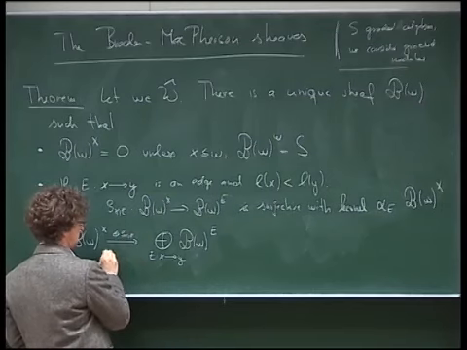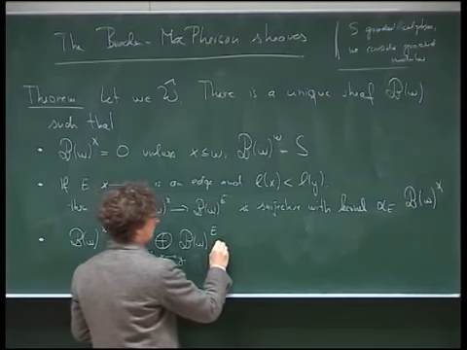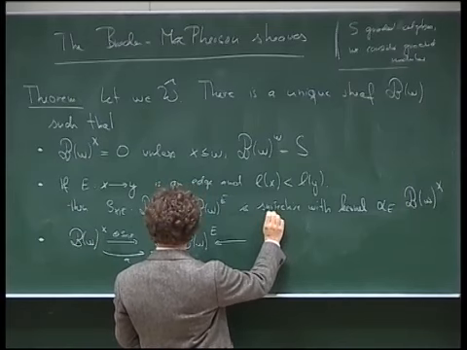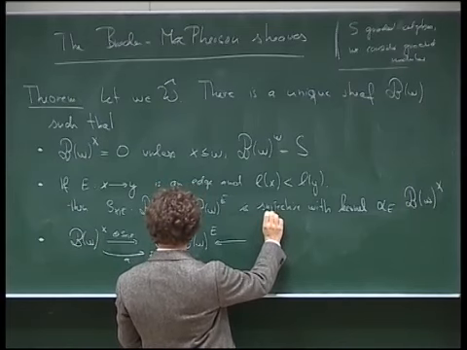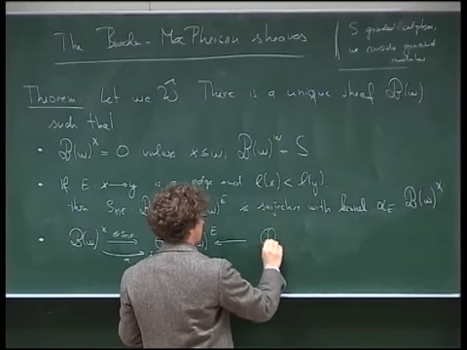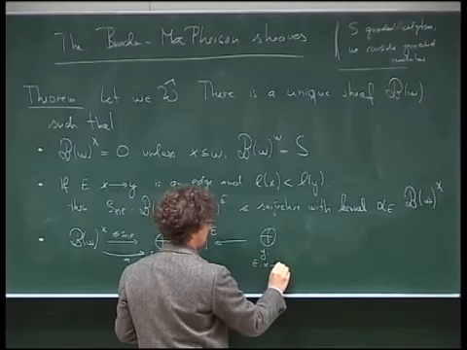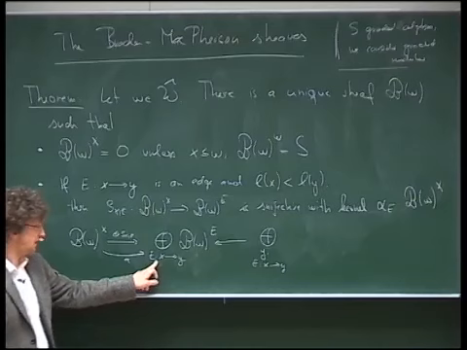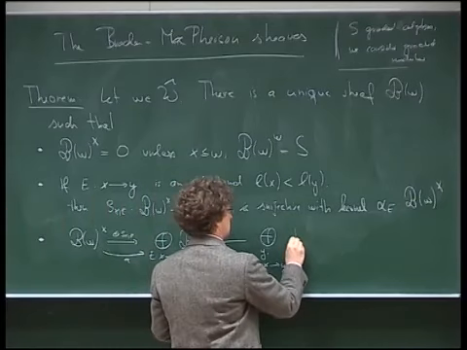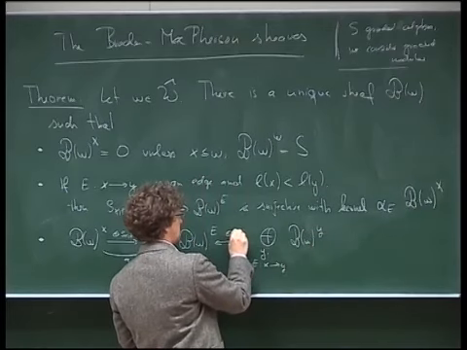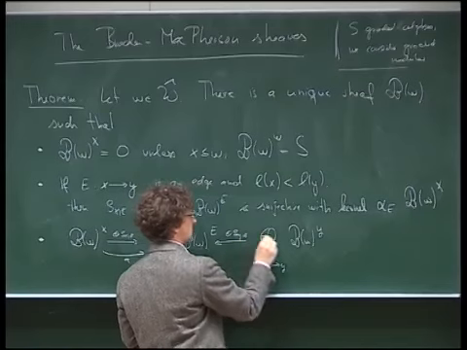Let's call this map A. And here we have the direct sum of the Y that sit at the endpoints of exactly these edges. Here we have a direct sum of this rho_YE.